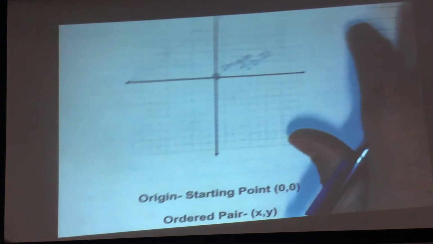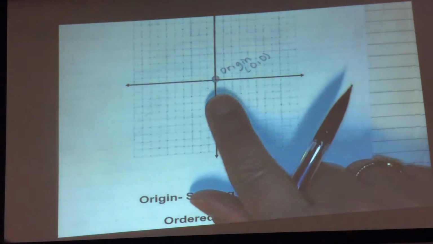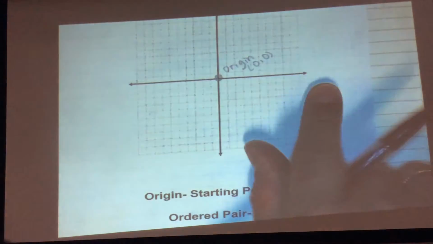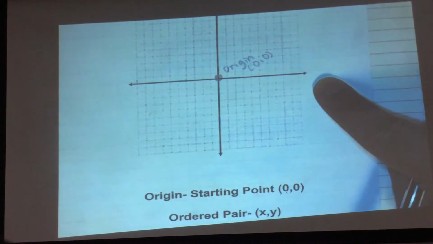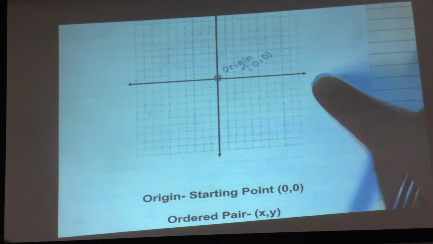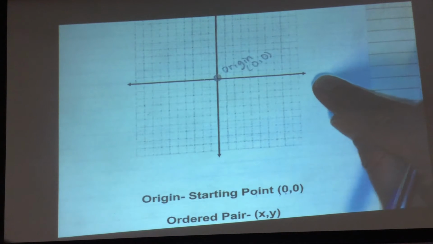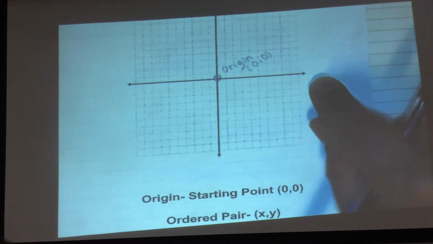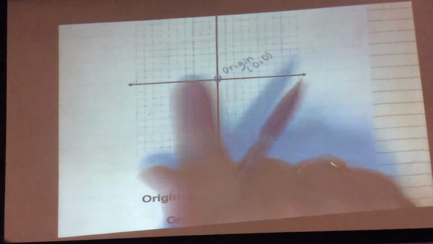So with that, let's label, this is my x-axis. I'm going left or right for my x. You could also call it horizontally. You could also see them say move parallel to the x-axis 5 spaces. That just means you're moving this way, okay?